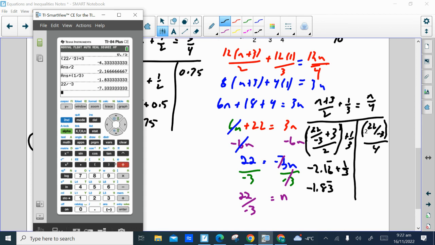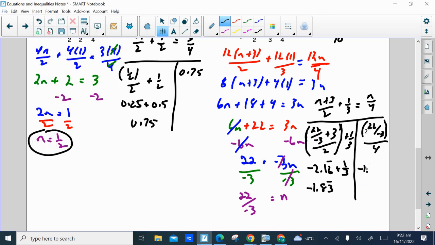And if you divide that by 4, you get the same decimal, negative 1.83 repeating. So we've shown that our answer is correct. It doesn't matter if you get a fraction for an answer, you can always check it using your calculator.